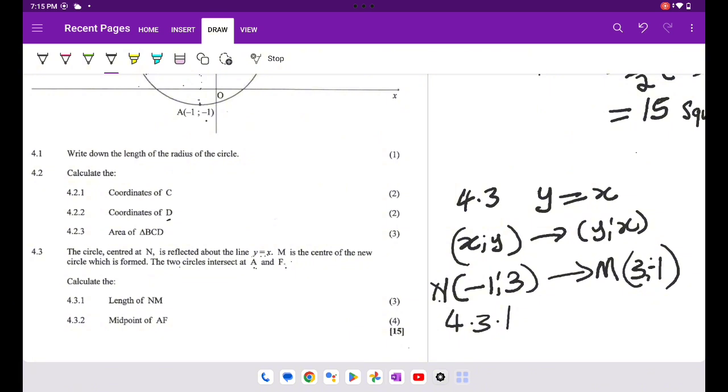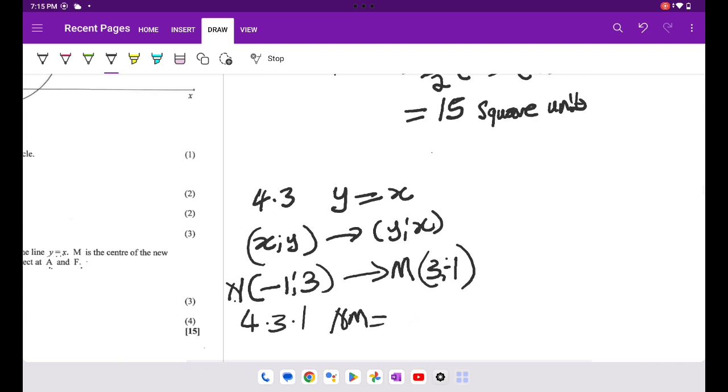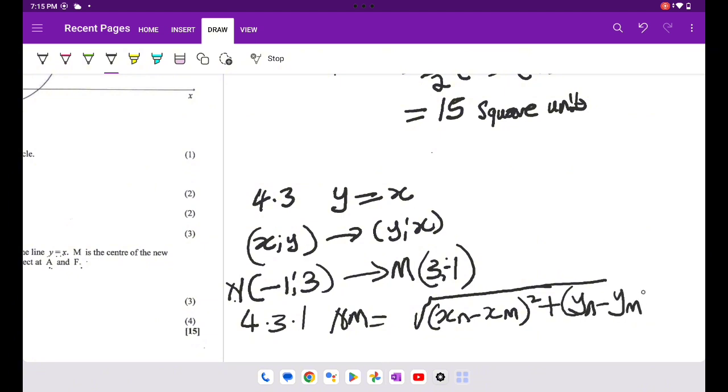The length of NM, already we know N, so we just use the distance formula. NM will be the square root of the x value at N minus x value at M all squared plus y value at N minus y value at M all squared.